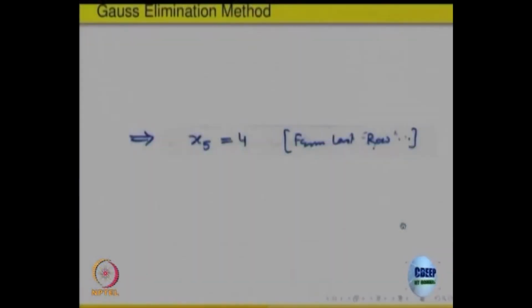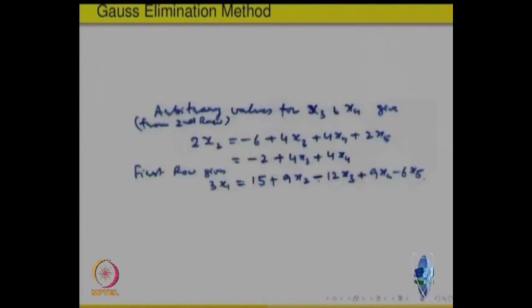So, x 5 is 4, I am just repeating that solution again, right, last equation. So, now second equation, 2 x 2, shifting everything to the other side, that gives you a relation between x 2, x 3 and x 4, right. So, from this if I put x 3 and x 4 arbitrary values, I will get x 2, right.